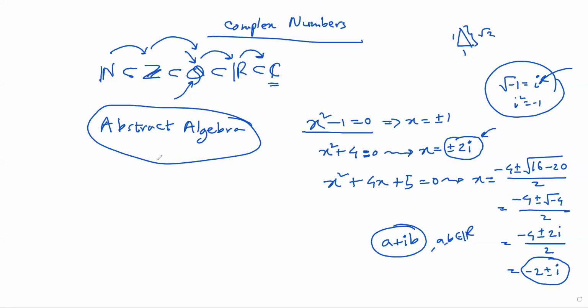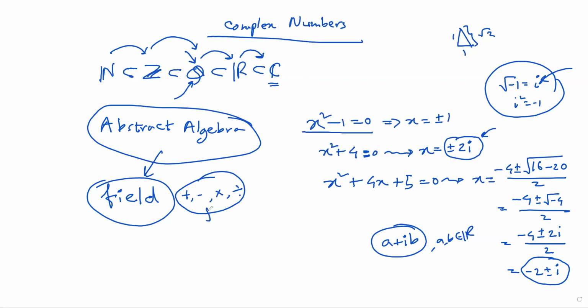So in abstract algebra, you are going to study a special kind of set of numbers called a field. A field is basically those set of numbers where all 4 operations, addition, subtraction, multiplication, and division, are defined.